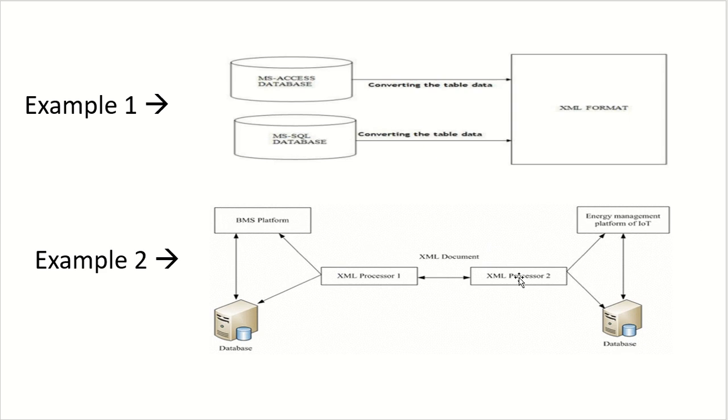Now they need to communicate with each other. The database of the BMS platform will convert its data into XML format using an XML processor, and this XML processor will output an XML document, and this document will be communicated or shared with the other XML processor.